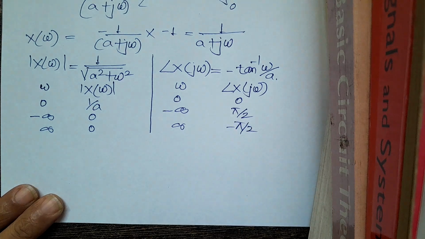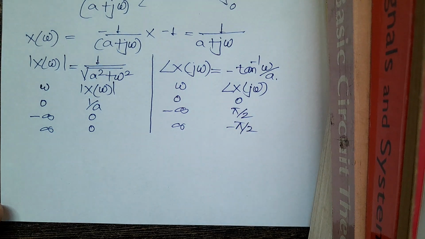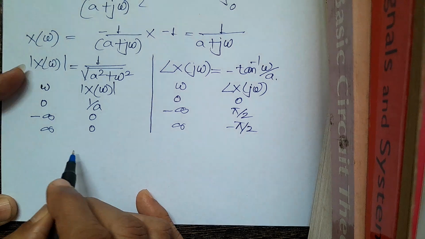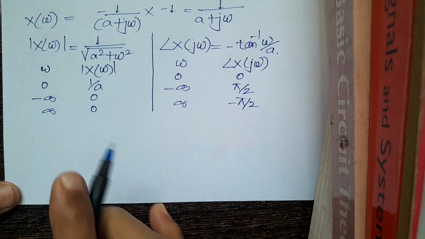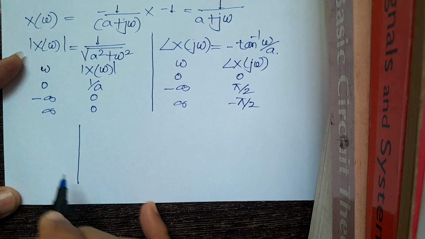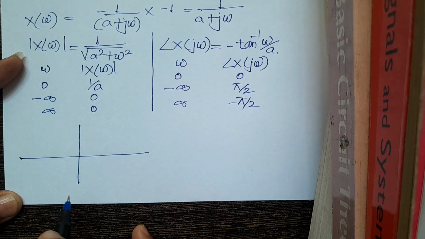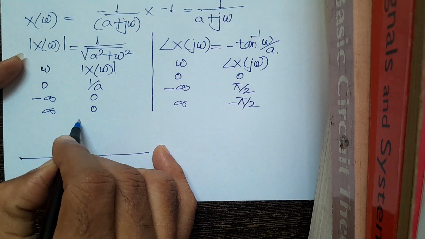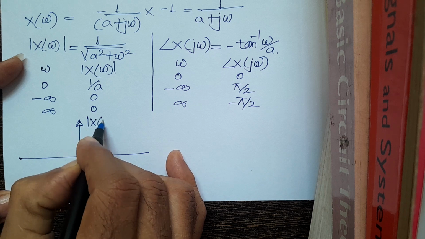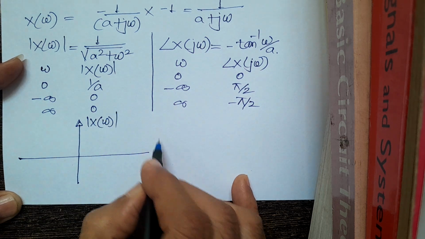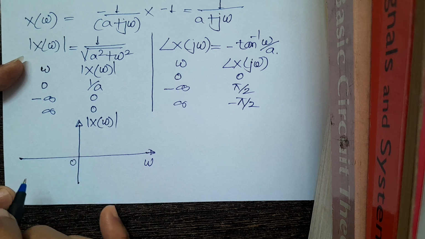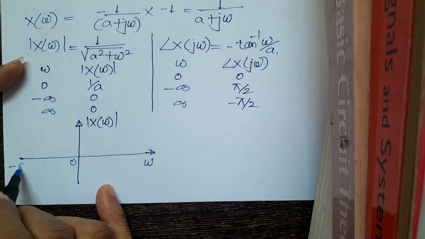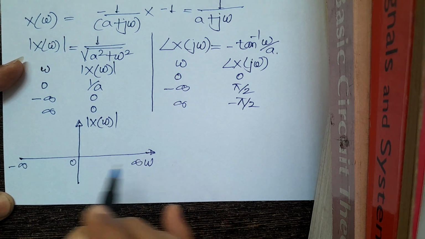Now we have to find the magnitude and phase plots. So the magnitude plot we can plot like this. This is the magnitude of X(omega) versus the frequency, and here it is 0, on this side it is minus infinity, and on this side it is infinity.